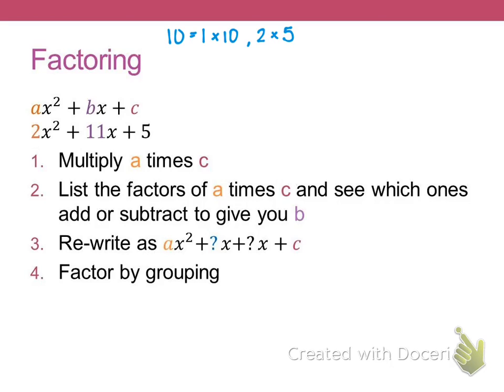Now I want to ask myself, since this is a plus sign, I need to find the factors that are going to add together to give me B, or 11. Obviously, those factors are going to be 1 and 10, because 1 plus 10 equals 11.